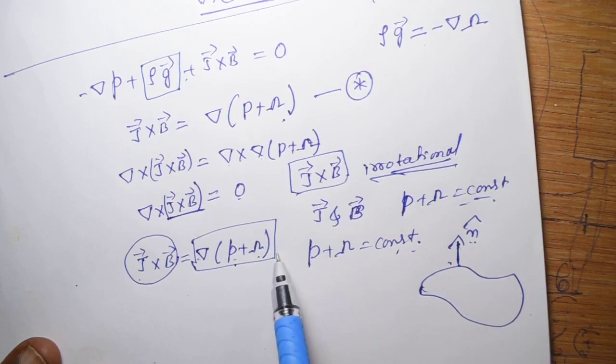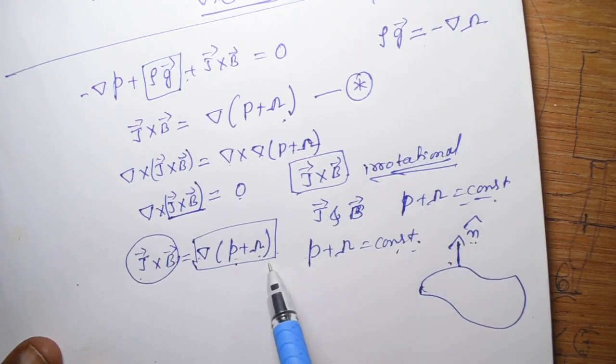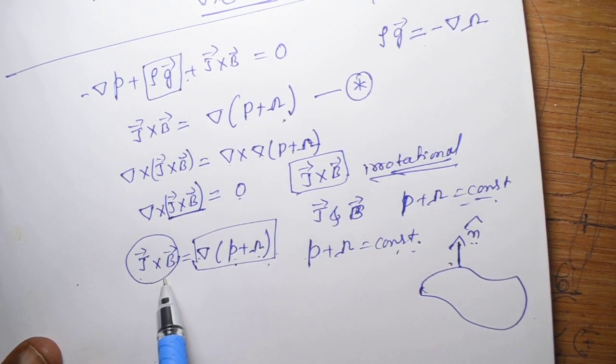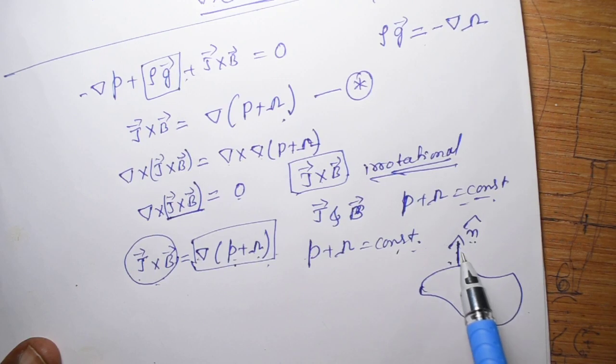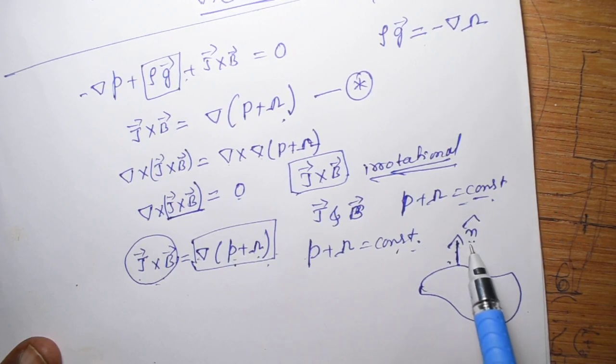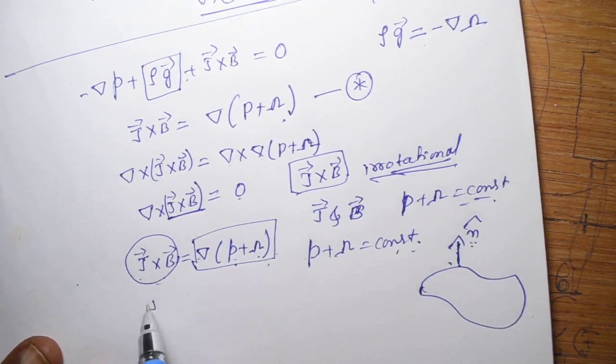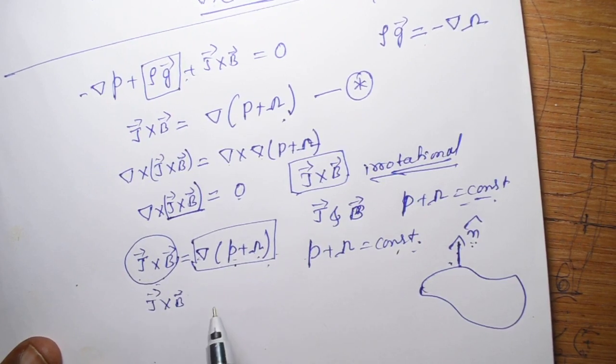Since the RHS is in the normal direction, obviously the LHS must be in the same direction, normal to the surface. So it means that J and B must be tangent to the surface. It must be tangent to the surface, right?